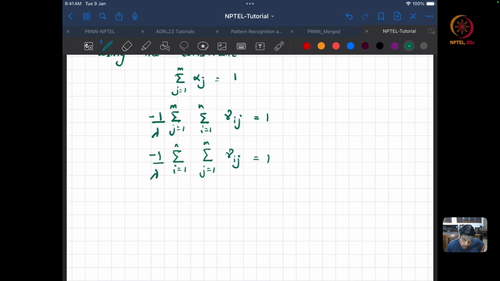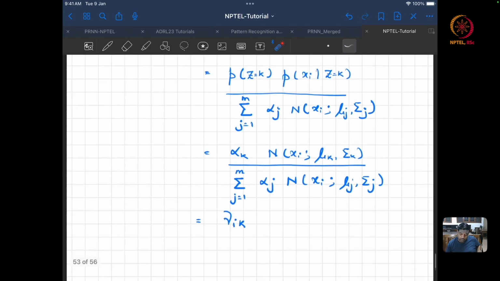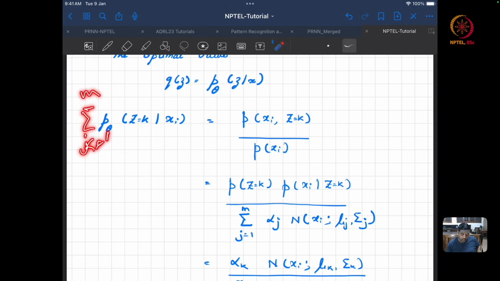So we already know that this is 1. That's what we did earlier, right? You sum it over k equals 1 to m. Now this you will get as 1, right?